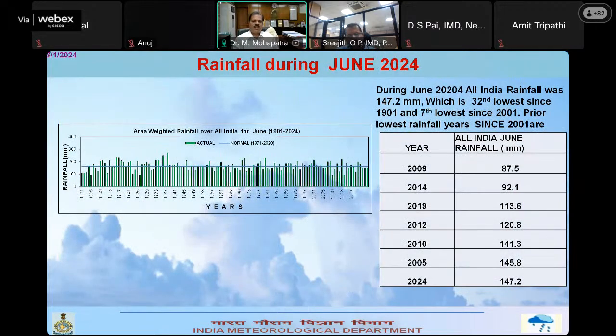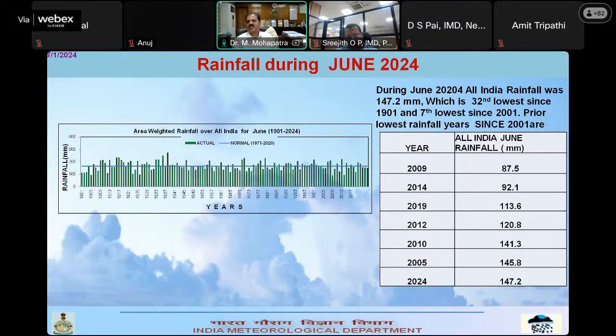Now, if I compare this rainfall with the past, in 2009, which was a deficient year, the all India rainfall was 87.5 millimeter in the month of June. It was followed by 2014, 2019, 2012, 2010, 2005, and 2024. So this is the sixth.